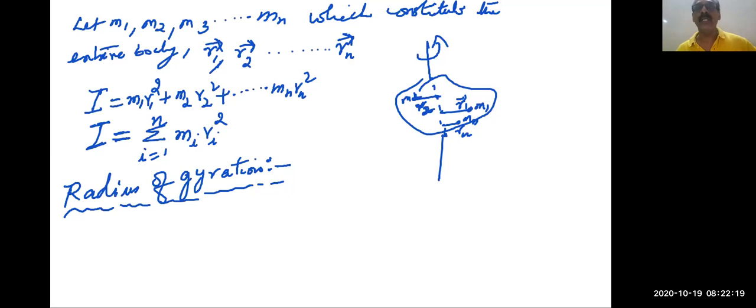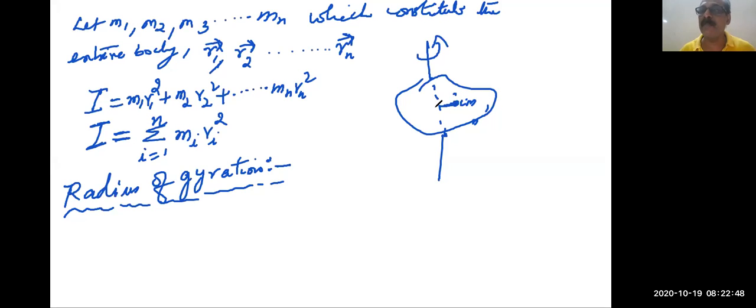We know the entire mass of the body is focused at the center of mass, right? So if you consider the center of mass, all this m1 plus m2 plus m3 plus ... mn is focused at one point. So instead of considering m1, m2, m3, consider one point, the center of mass, and draw a perpendicular distance from the axis of rotation to that center of mass.